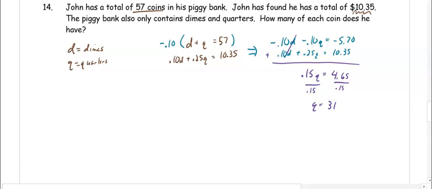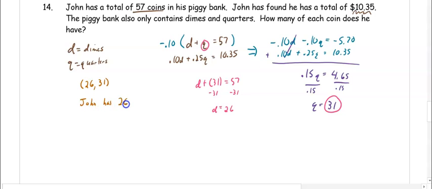So we can substitute 31 back in for Q. D plus 31 equals 57. We can subtract 31 from both sides. D is equal to 26. So the ordered pair here is going to be 26, 31. So John has 26 dimes and 31 quarters.